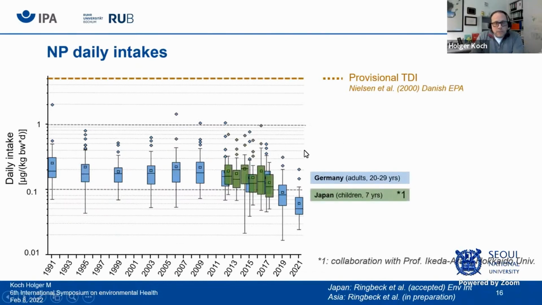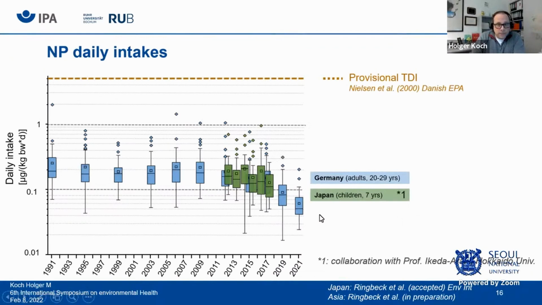You can see here data from almost 200 Japanese children sampled from the year 2012 to 2017. You can see a very similar effect of decline to what we observed in the specimen bank, and the levels seem to be very similar to the German adults. So maybe children are not additionally exposed to nonylphenol.